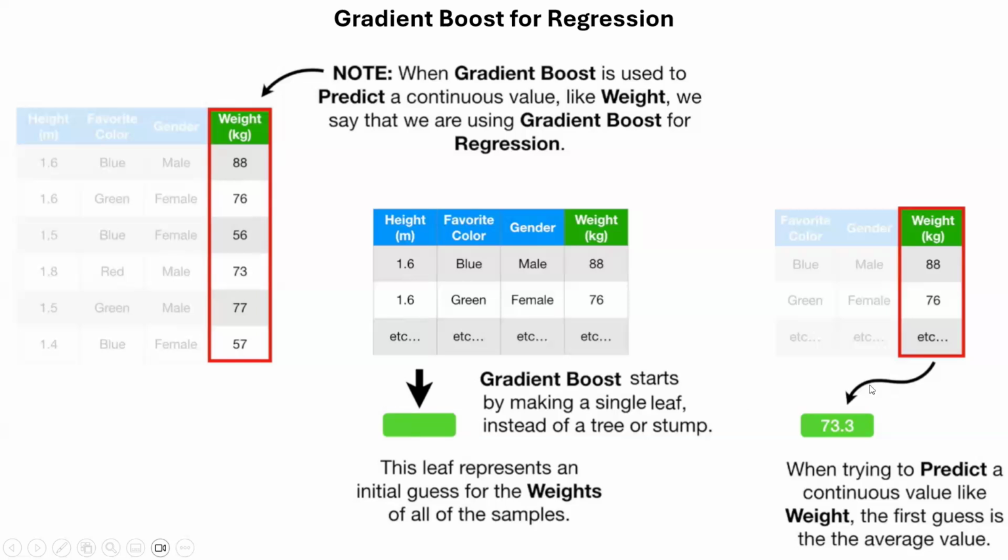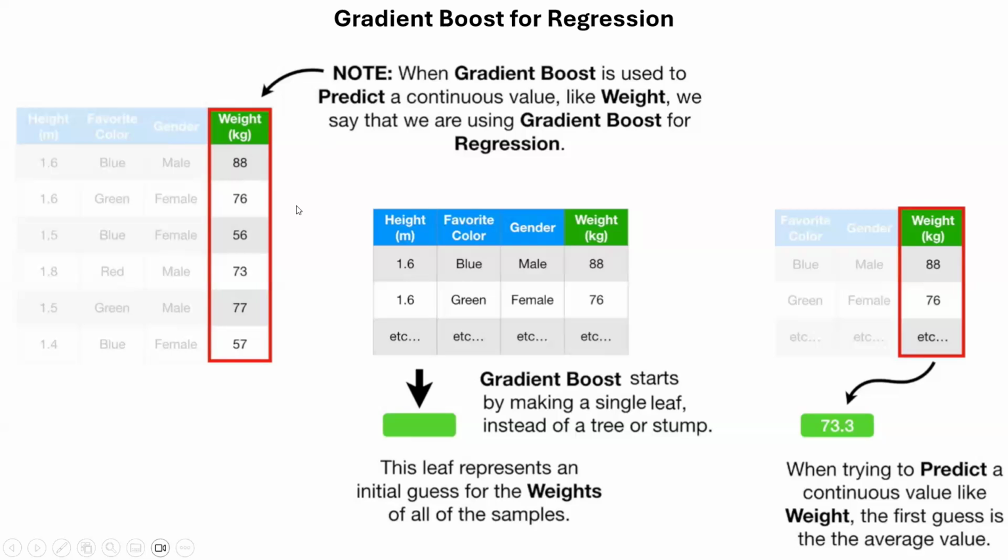So what would be the single value that represents all these samples? It would be nothing but the average weight, right? If you want to represent all these samples with a single value, that would most probably be the average or mean value. We already talked about central tendency.